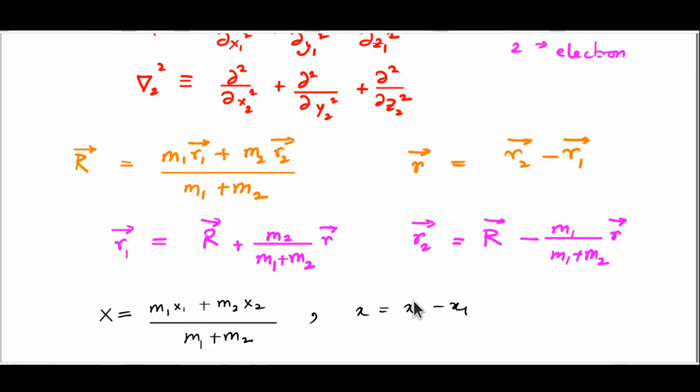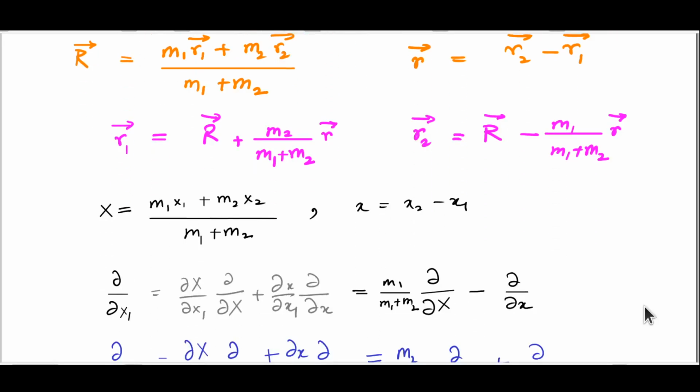So capital X, of course, is given by small m1 small x1 plus small m2 small x2 divided by m1 plus m2, and small x is obviously x2 minus x1. So far, this is very straightforward. What we need to do is change derivatives, del x1, del x2 and so on, in terms of this capital X and small x.